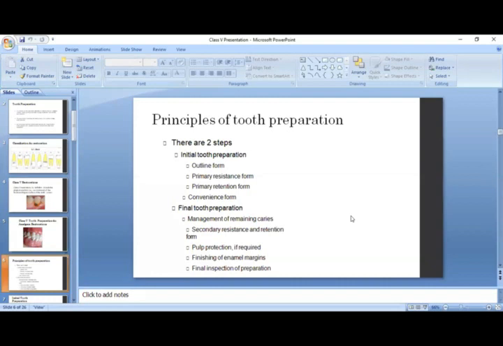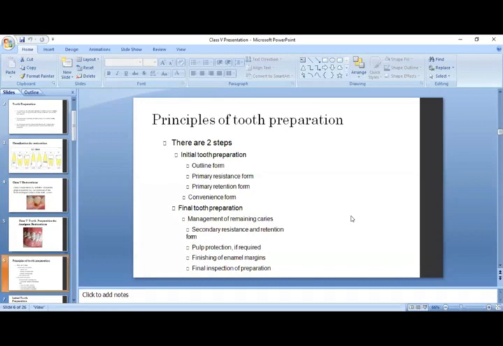So your cavity design should resist the forces that will be on that restoration. It should be resistant against those forces so that it can be retained on that tooth structure.